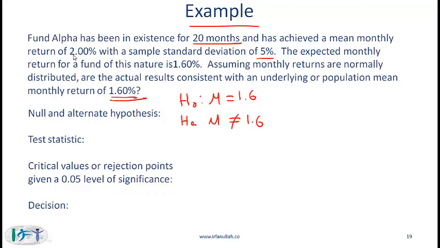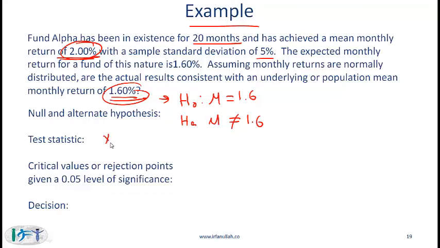We want to figure out whether the numbers we are seeing are statistically different from 1.6%, or in other words, is there a statistical significance associated with the difference between 2 and the hypothesized value of 1.6? Also, given that the null hypothesis must have the equal to sign, we should have the equal to sign here with H naught, and the alternate is simply mu not equal to 1.6.